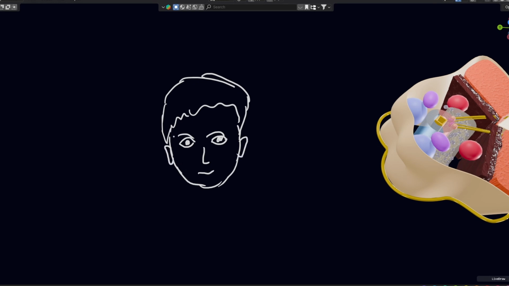Now let's suppose that the eyesight of this person is not great and he is wearing glasses, right? Here are the glasses as well. Now you notice that the glasses are sitting on the top of the ear, and that is how glasses are typically placed.